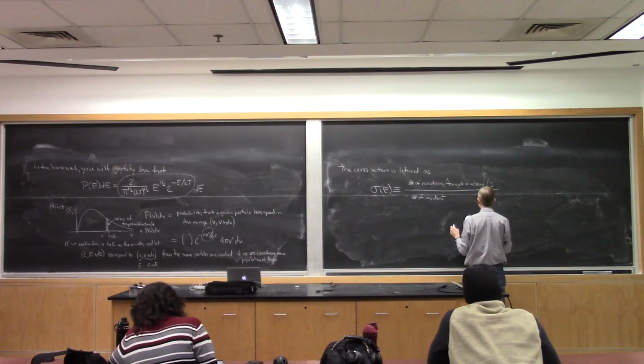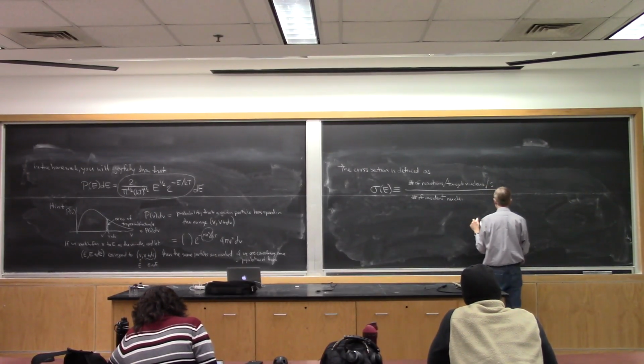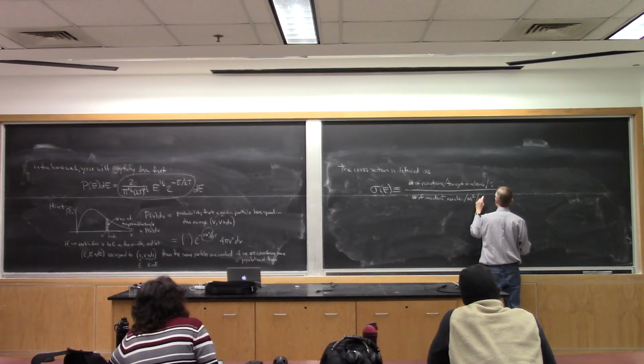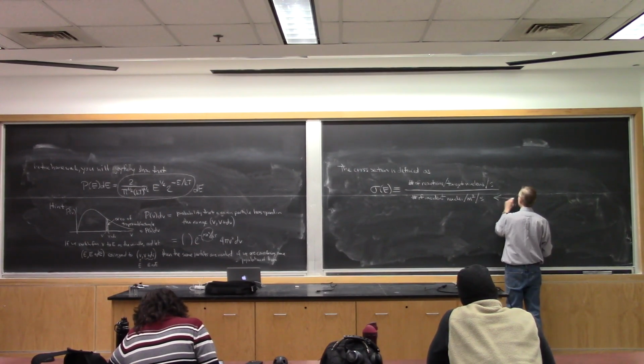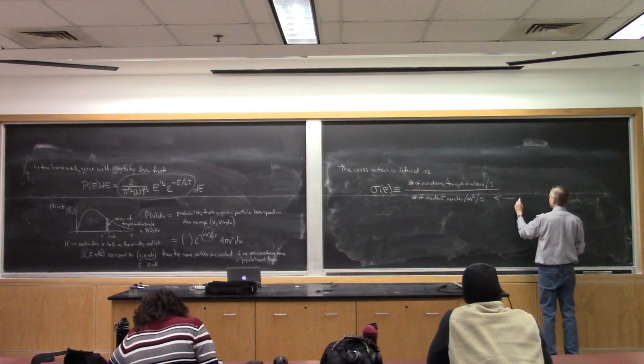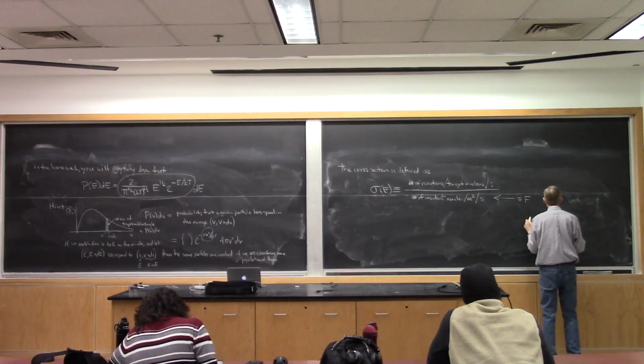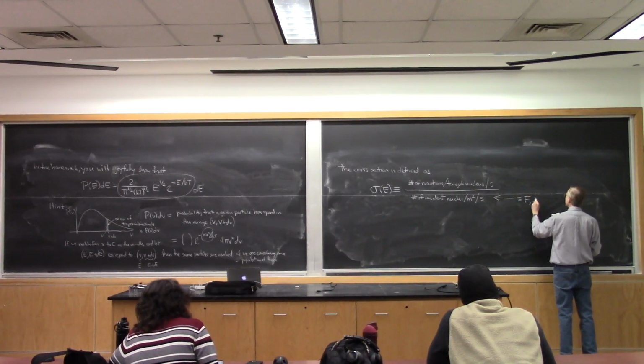Number of incident nuclei per square meter per second. That beast on the bottom is what we call F, the incident flux.